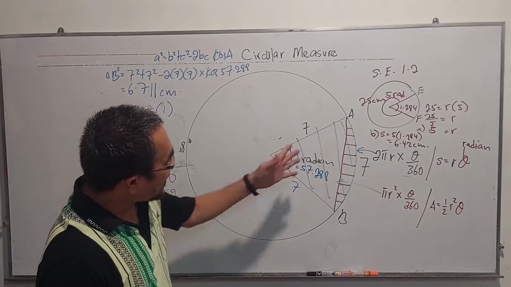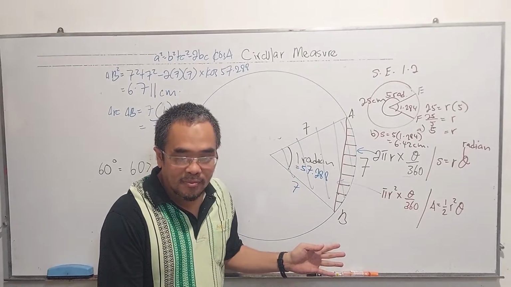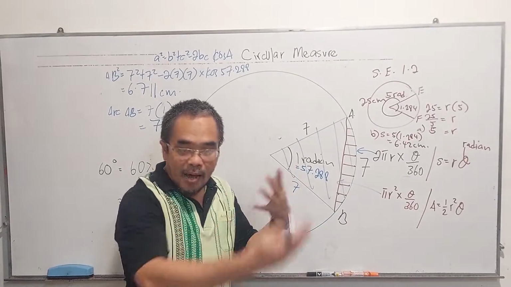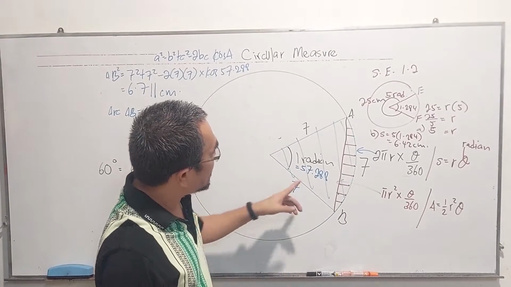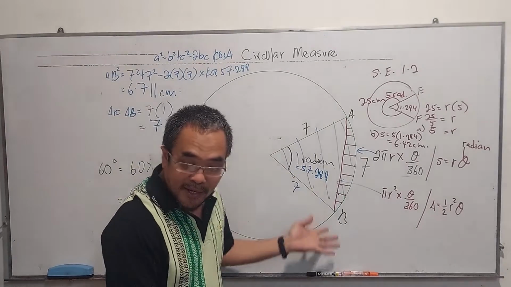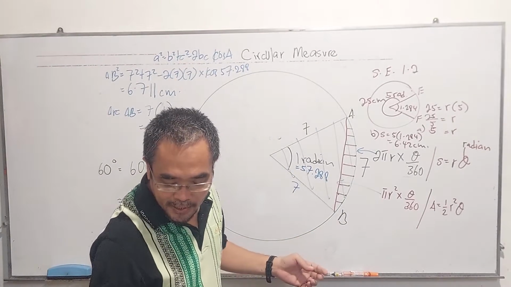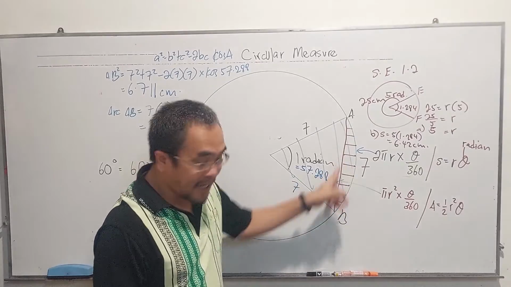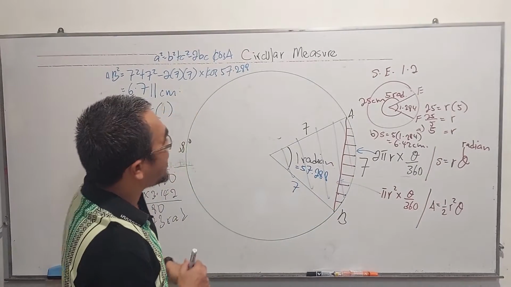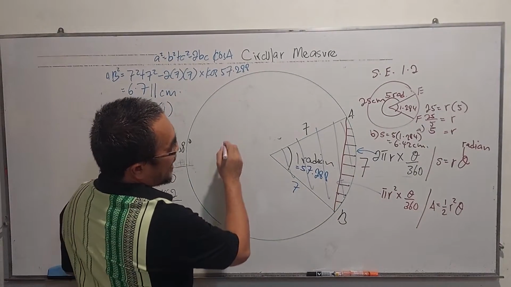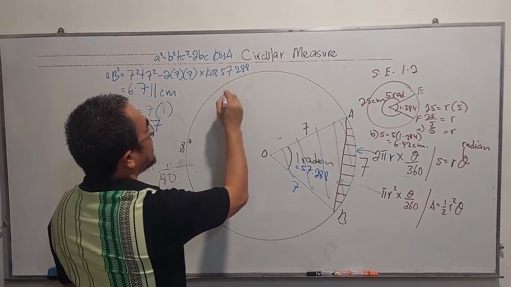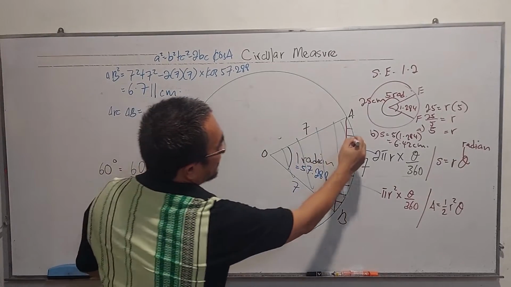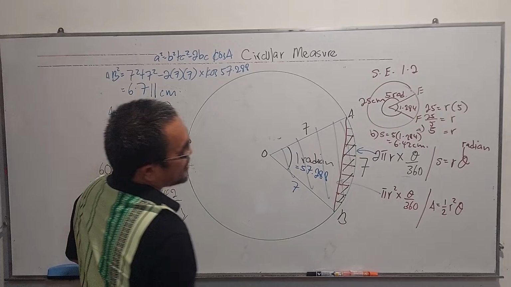Okay, and maybe they will ask you further about area. Area of shaded region. The area of the shaded region will be this sector, this I'm talking about as the shaded region.